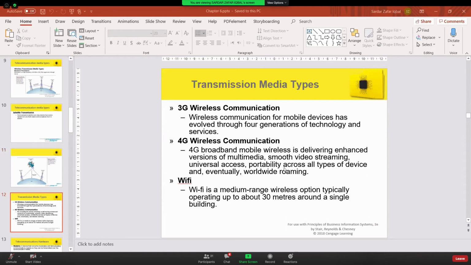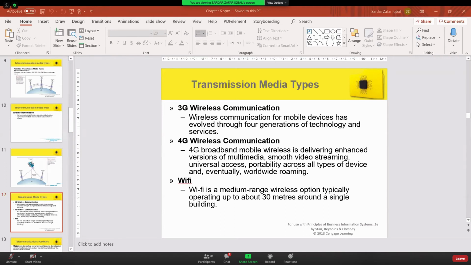So next we have different media types and different communication standards: 3G, 4G, and now we have 5G also available, and Wi-Fi. What is the difference between them, guys? Can you tell me? 3G, 4G, 5G. I think 4G is the fastest one.